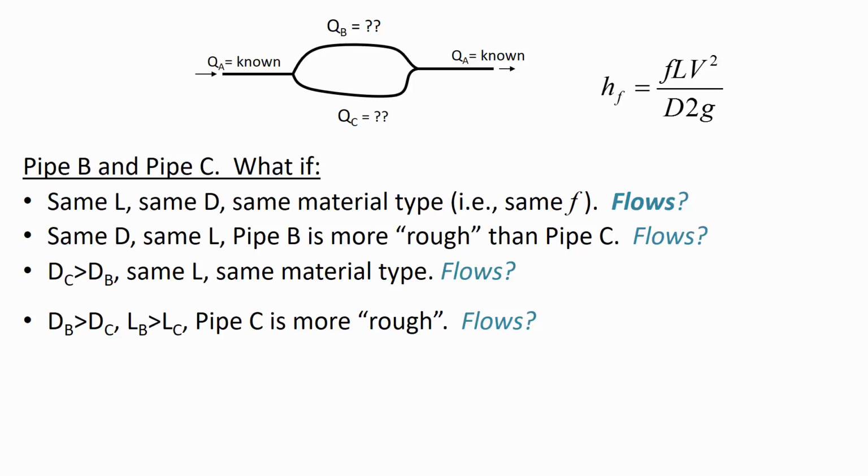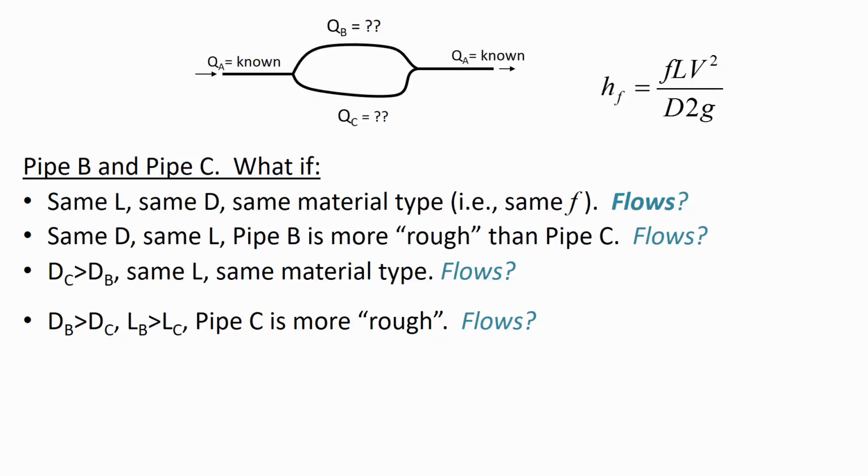Pipe B. Okay, pipe C. Anybody have an alternate answer? Again, 2 for 2, he's getting the 3-pointers today. Not enough information. Okay, it's indeterminate.